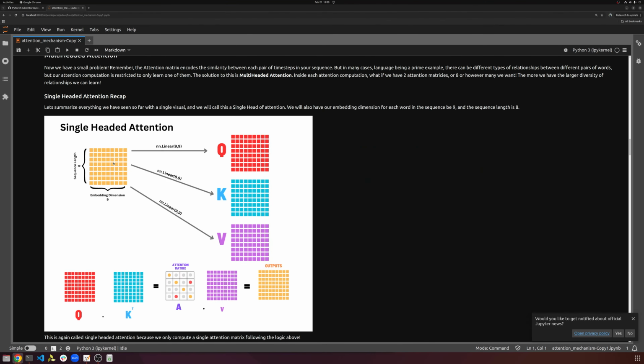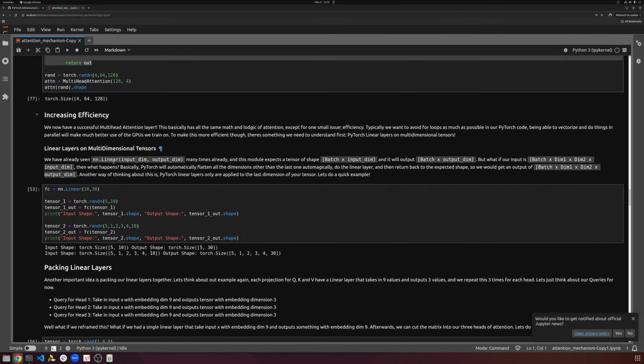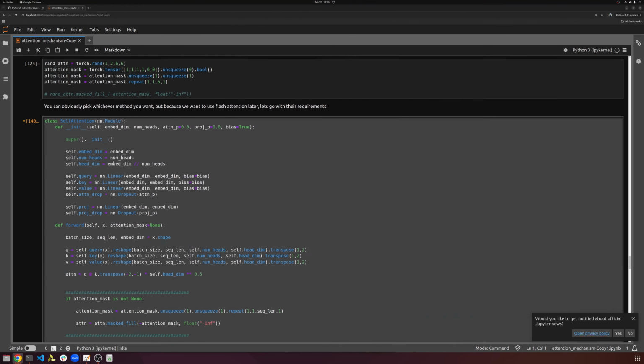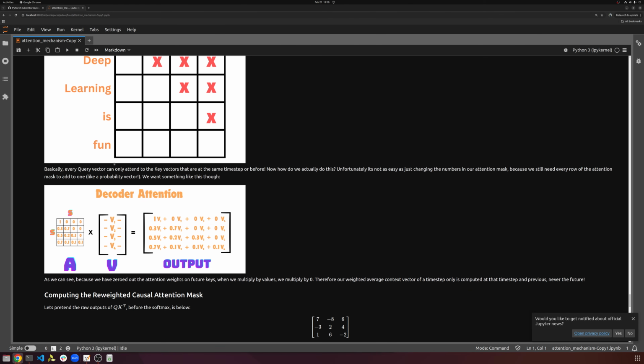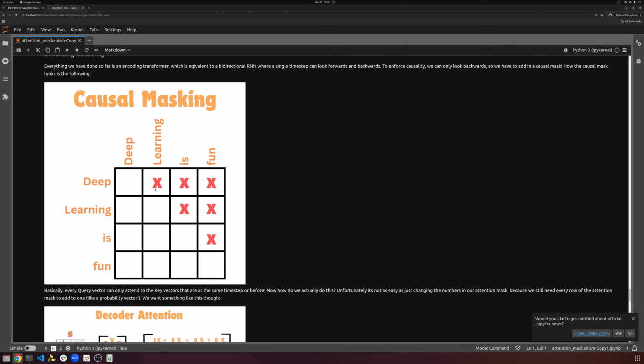So the attention mask produced by a sequence of length 4 is 16 elements, a 4x4 matrix.